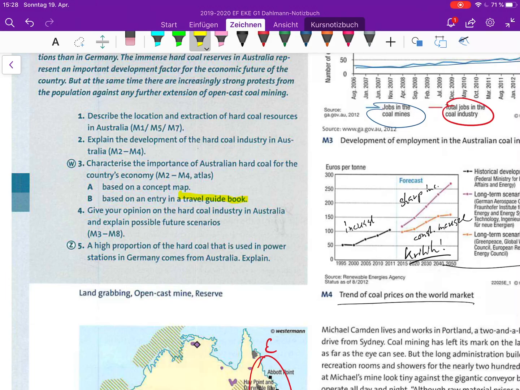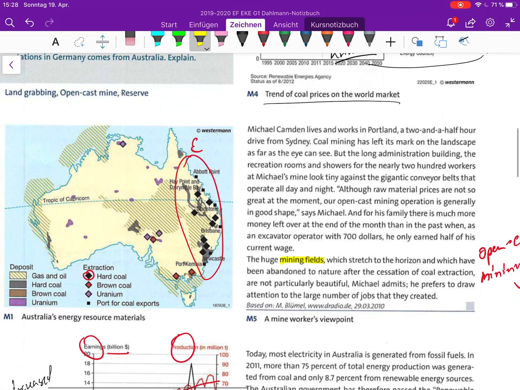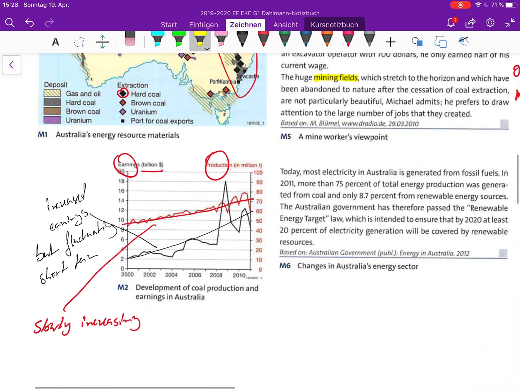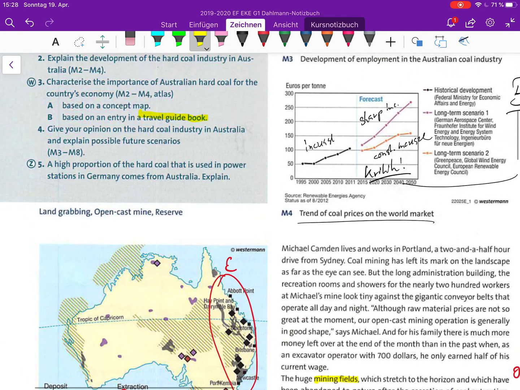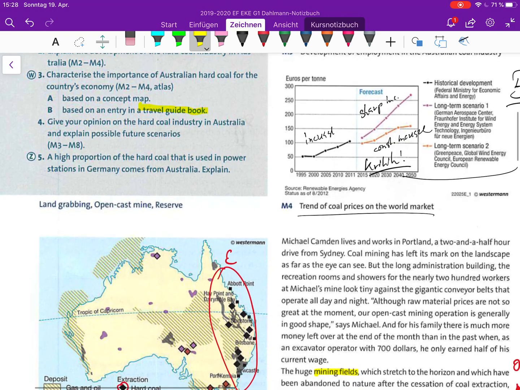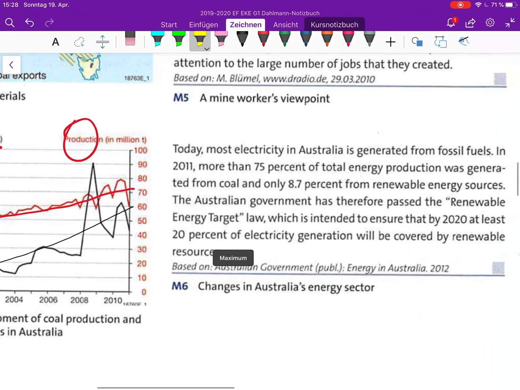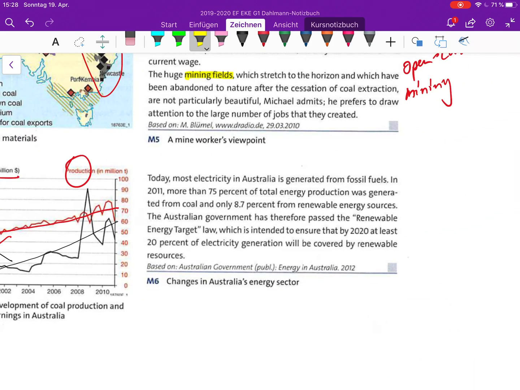Exercise 4. Give your opinion on the hard coal industry in Australia and explain possible future scenarios. So, well, you should talk about the effect on nature. You should talk about the importance for the economy. M3 to M8. Changes in Australia's energy sector. Today, most electricity in Australia is generated from fossil fuels.